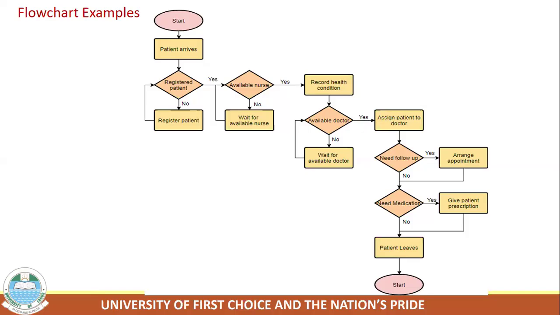Programming is logical. As much as it is science, it's also an art. These are works of art. So you don't necessarily have to be computer science or engineering, but most people in those specializations are very good at what they do. So this is an example of a flow chart.